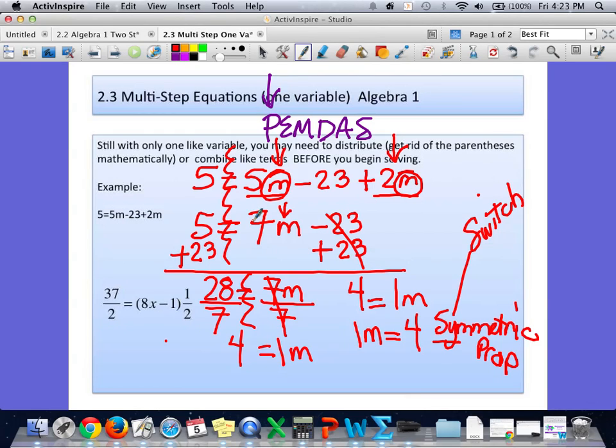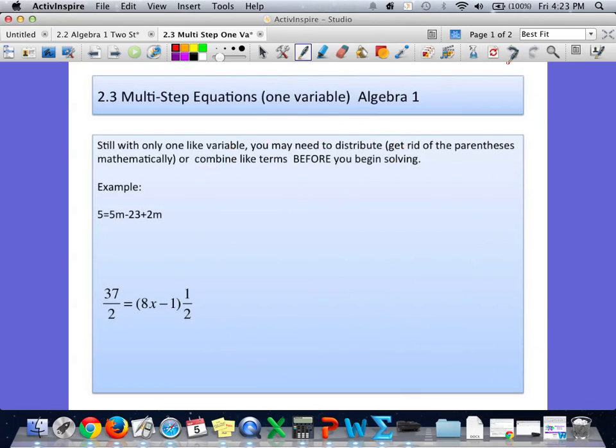All right, let's try another one. I'm going to clean this off. Then let's do 37 halves, or 37 divided by 2, is equal to the quantity of 8x, subtract 1, times a half. You must distribute first before you can go anywhere else because you have to get rid of the parentheses.